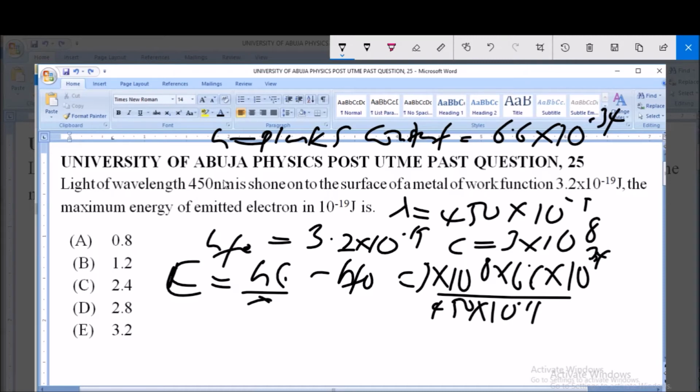Whenever you see this nm, it's nanometers, and nano is times 10 raised to the power of minus 9.